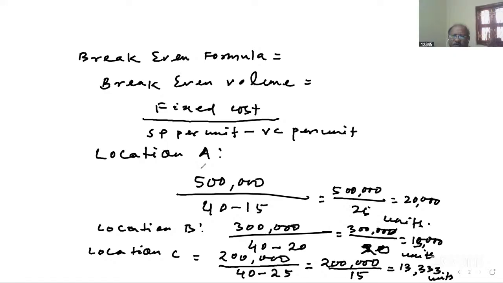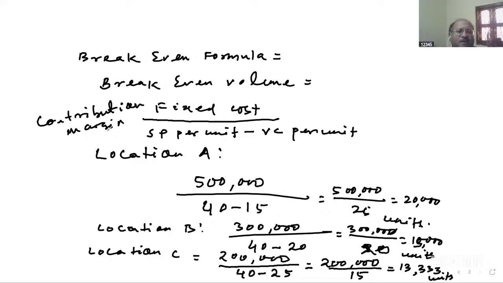The reason is that location A has the highest contribution margin in comparison to the others. With the highest contribution margin, it generates more profit above the break-even point.